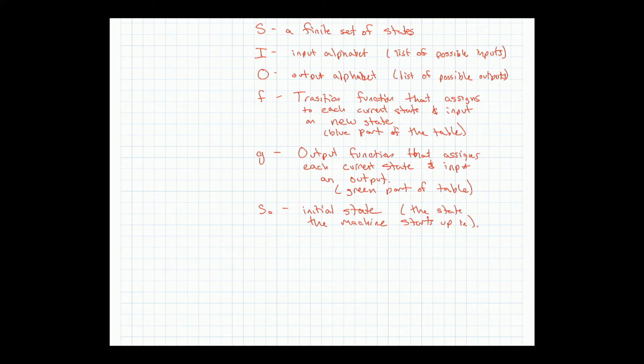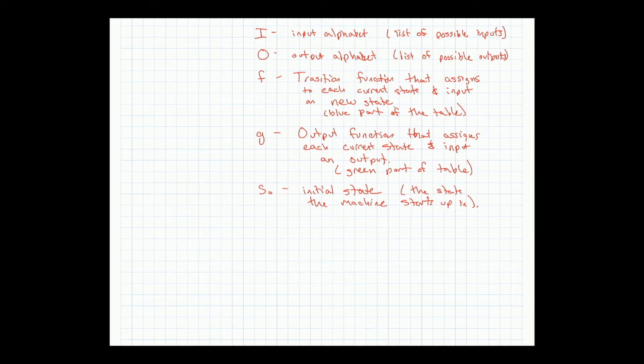Like, if you have 5 cents in the machine and you deposit 10 cents, that moves you to 15 cents. Well, 15 cents is like state 3. So the function that tells you that is called f, in this definition.